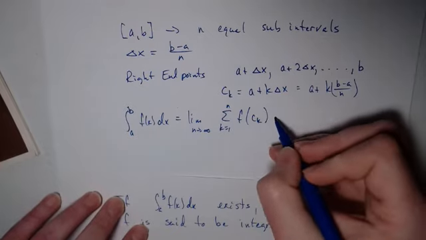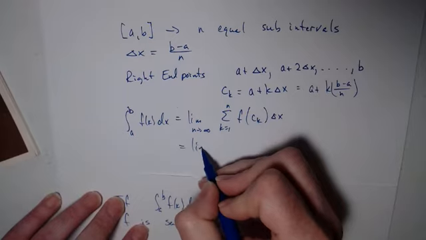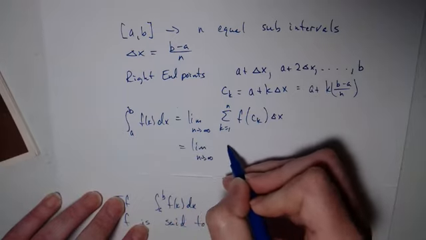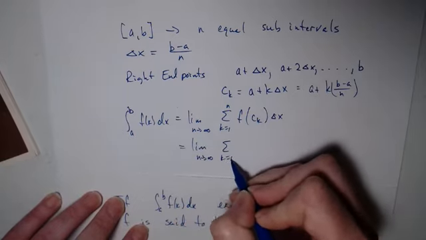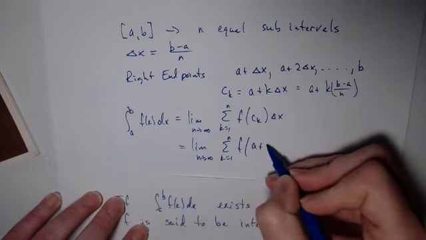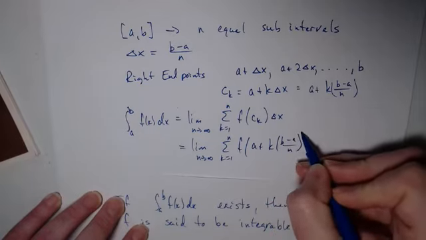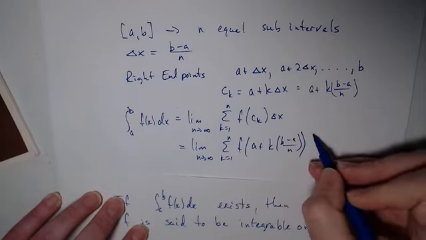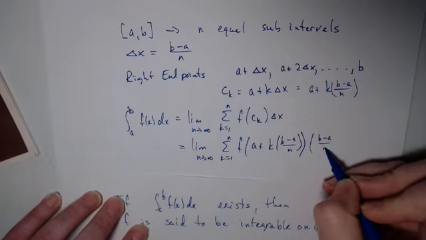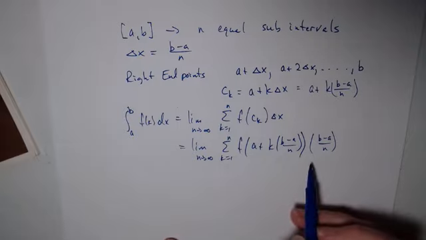We can then write it as the limit as n goes to infinity of the sum k goes from 1 to n of f of, now ck is a plus k times b minus a over n, times delta x, which is b minus a over n. Now that might not look better, but it's actually easier because we know what all of these things are.